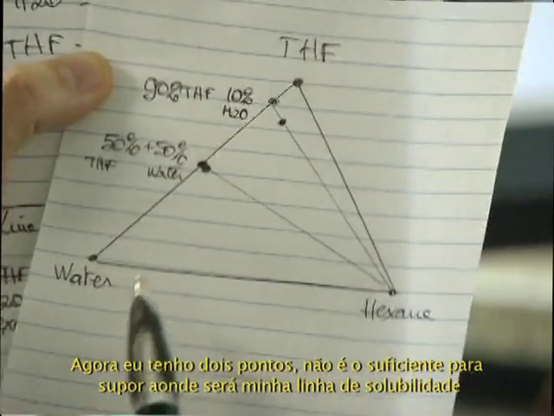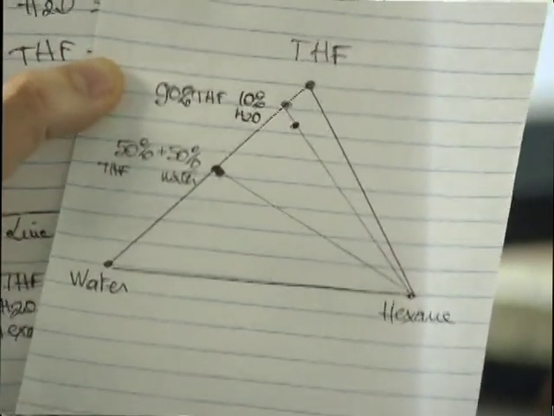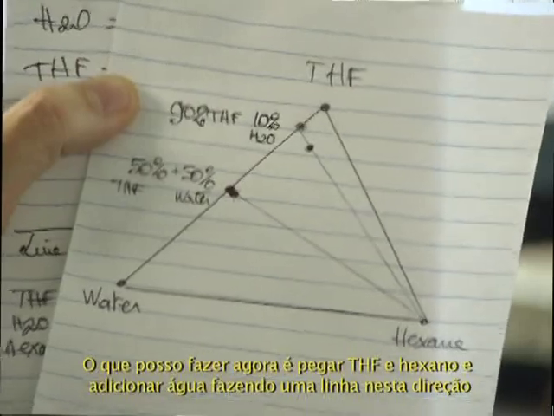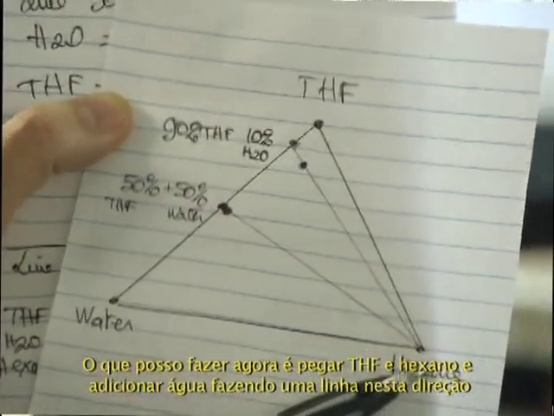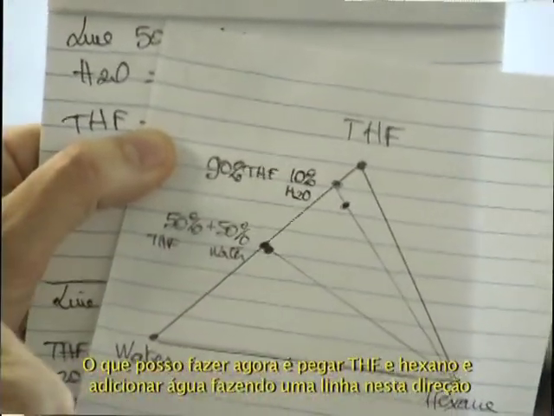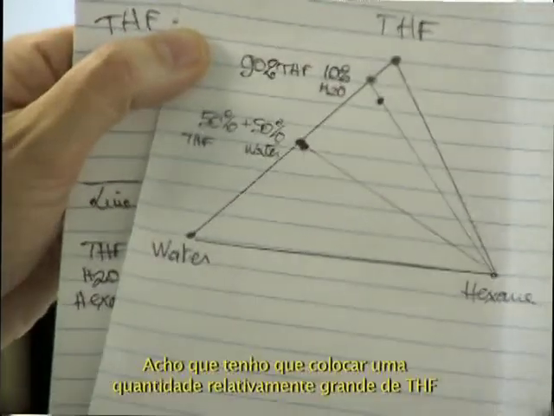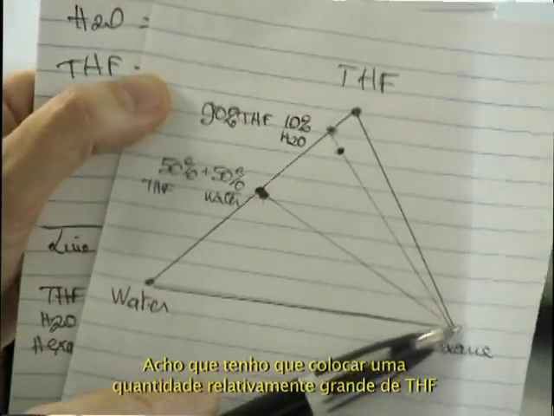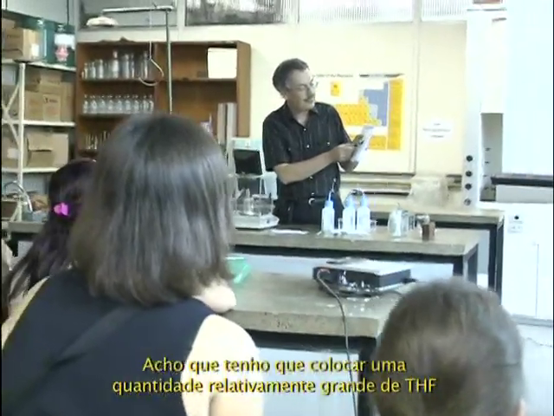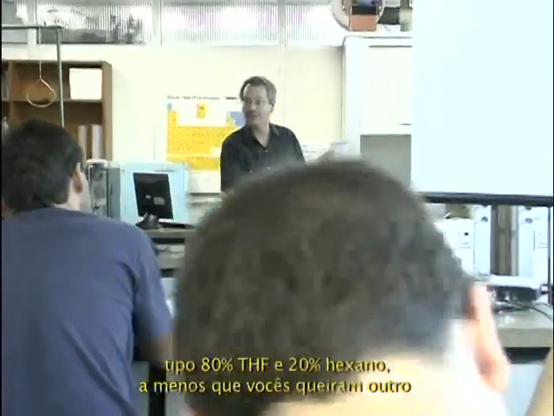It's not enough to guess where is my binodal curve. So what I can do now is take THF and hexane and add water in it to make a line this way. So I think I have to put a relatively large amount of THF. So let's try a kind of 80% THF, 20% hexane, unless you want another one.